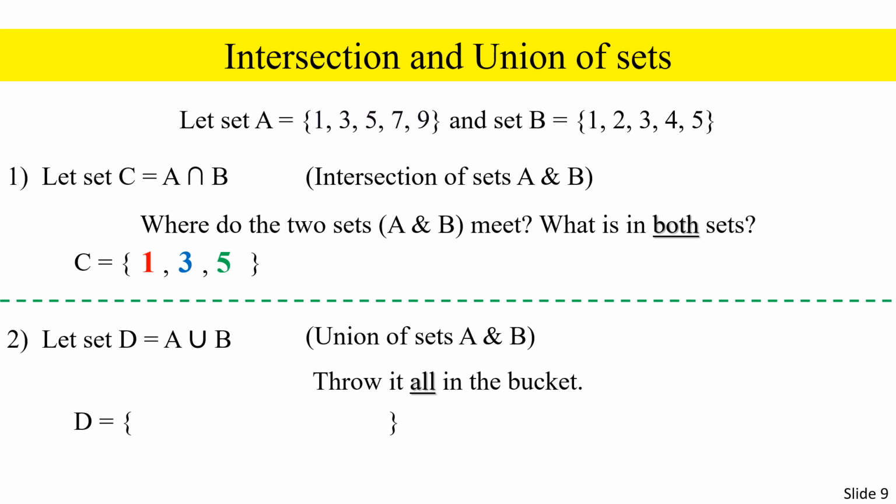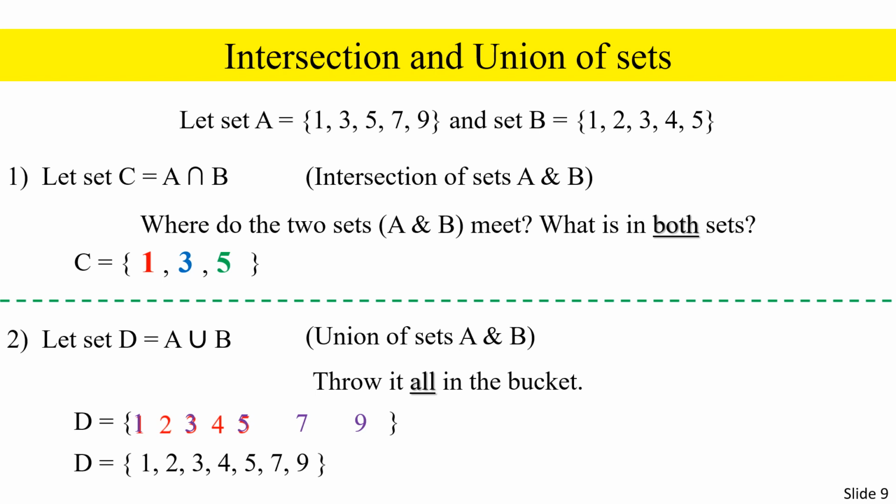So if I grab from set A, I get all of those. Spread them out. Now if I grab from set B, I get all of those. The ones that repeat, I don't need to list twice.